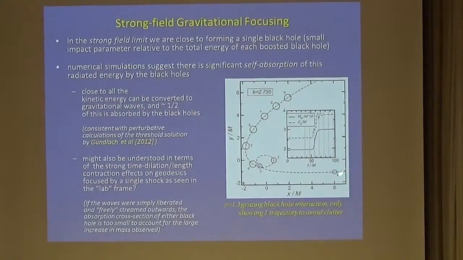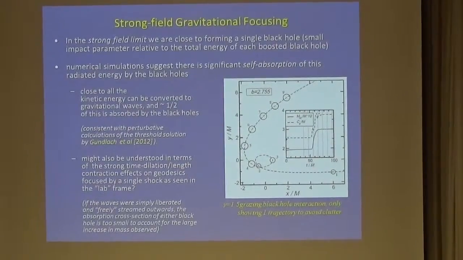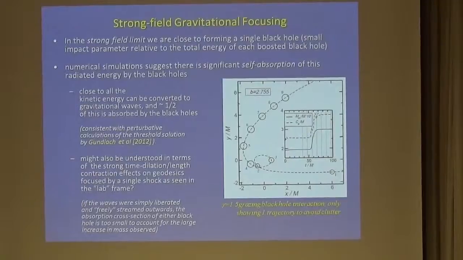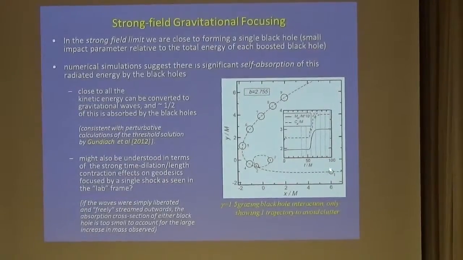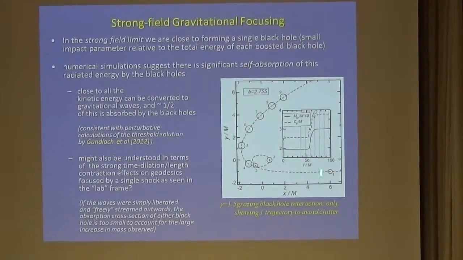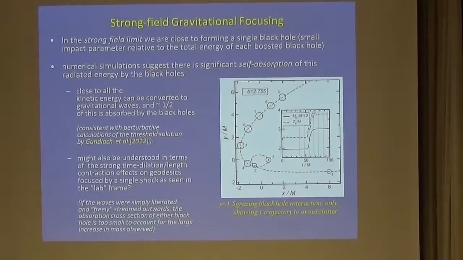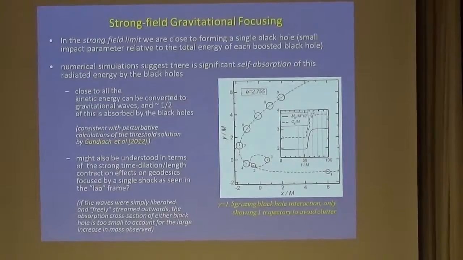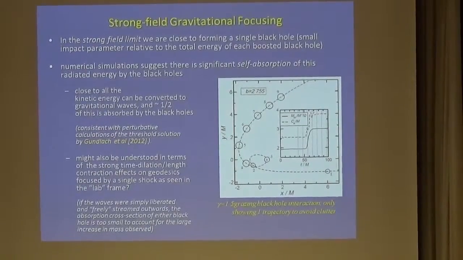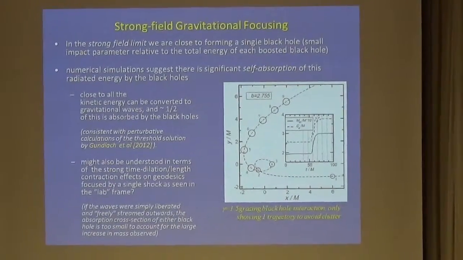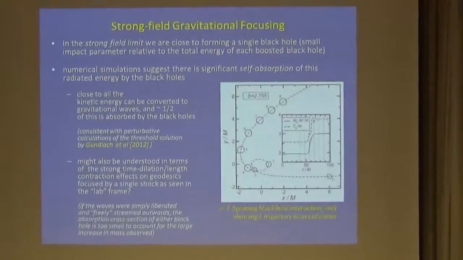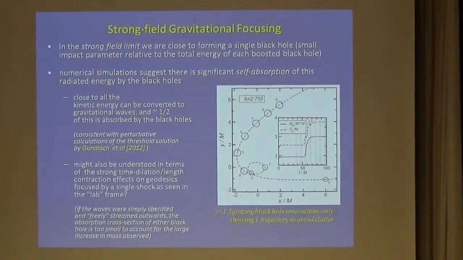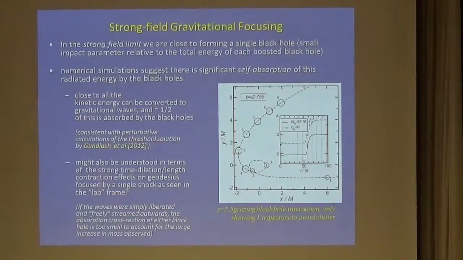But even with a black hole this size, if it is emitting so much radiation isotropically, the cross-section is just not large enough for this black hole to absorb this much energy. We didn't expect it to be radiated. And so one reason which explains this, going back to the focusing picture that I mentioned, is if you imagine that these are essentially lenses now that are focusing the curvature.